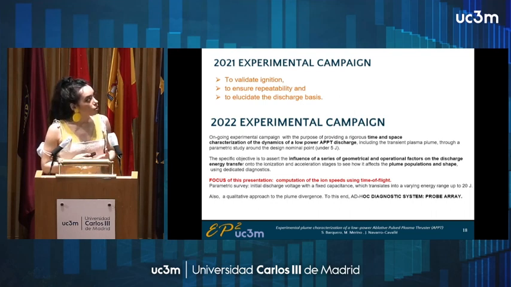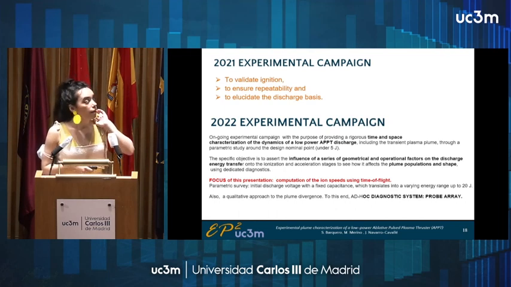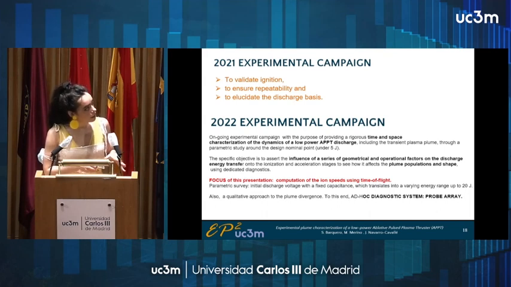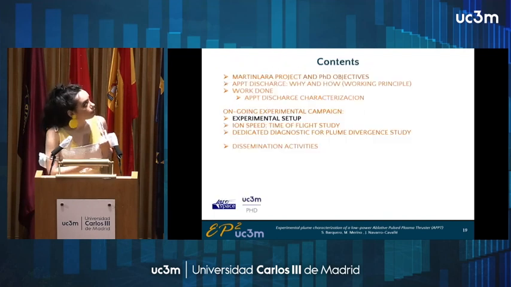So we were developing a specific diagnostic for exploring the divergence of the plume with time resolution. I'm going to show it later. It is a grid, an array of independent probes. We think that we are going to obtain interesting results with them.